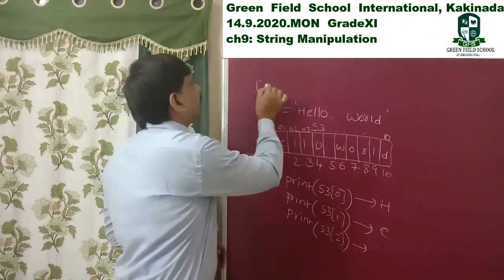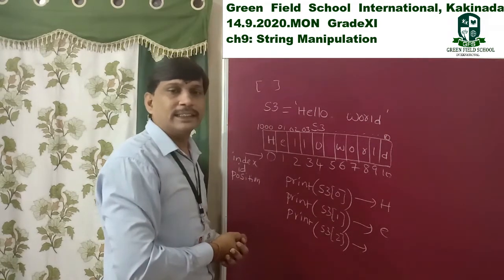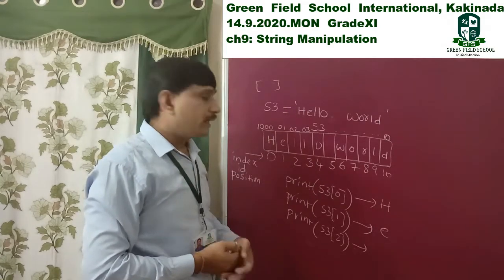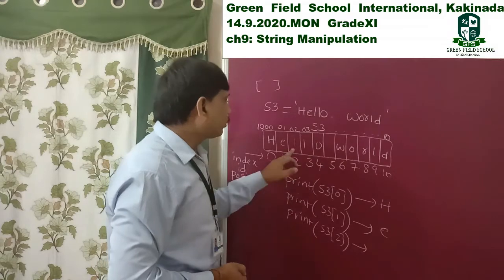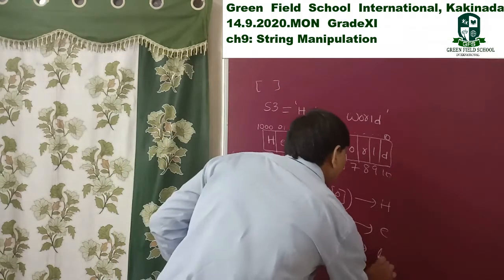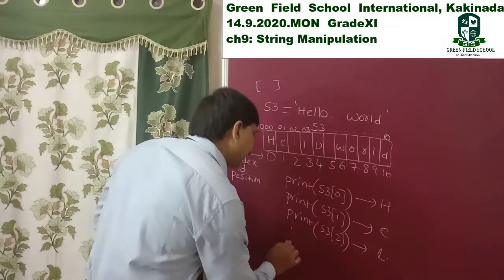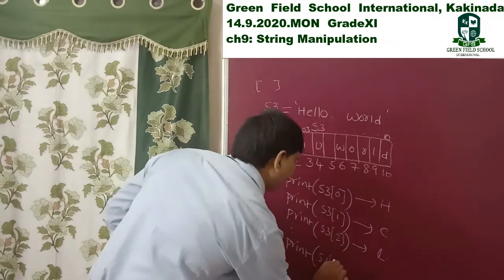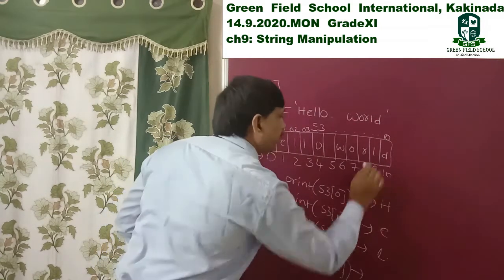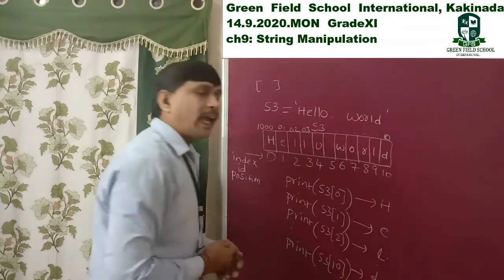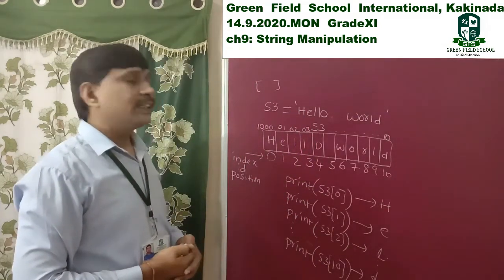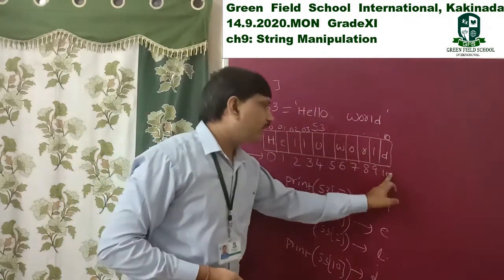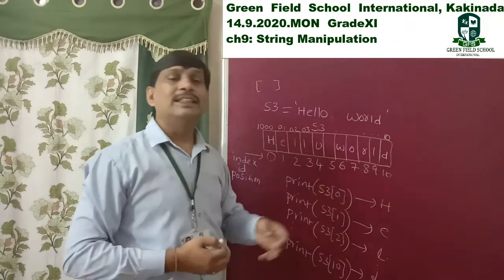I access here S3 of 2, which means L. In this way I print S3 of 10. S3 of 10 means it prints D. In this way we access each and every character of the string starting from S3 of 0, S3 of 1, S3 of 2 and so on, up to S3 of 10. It displays the last character, that is D.